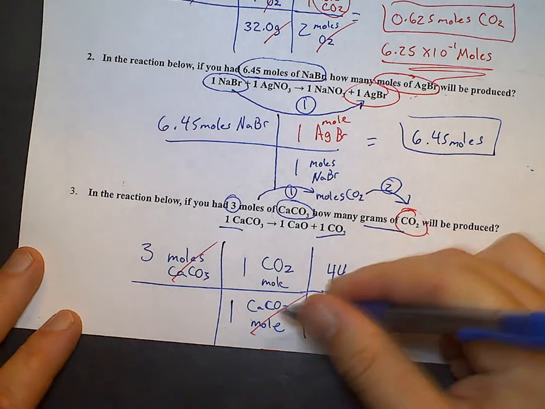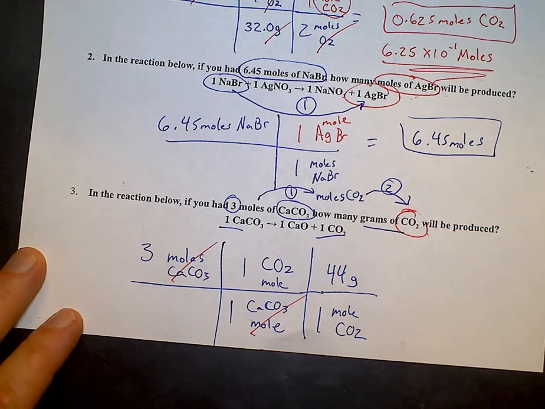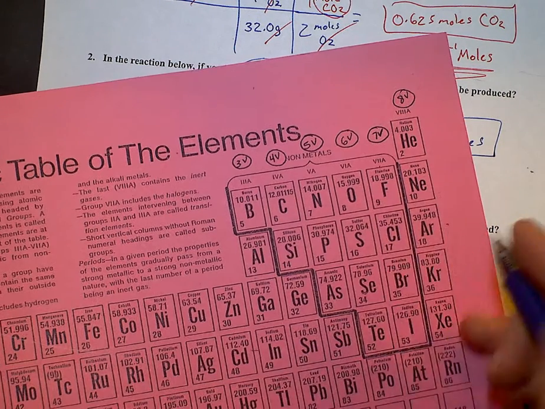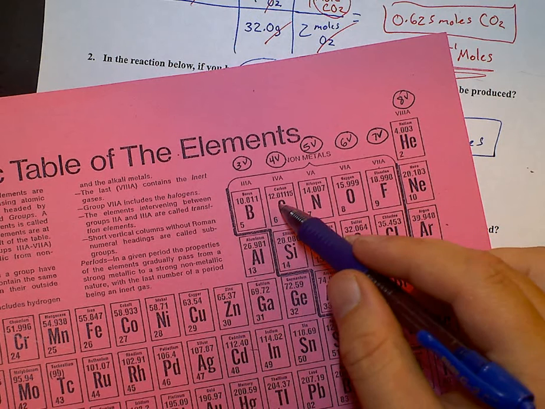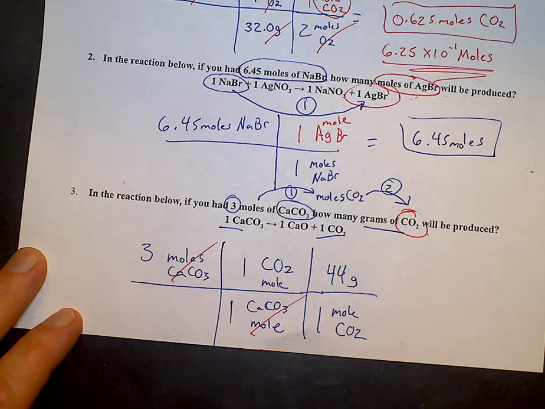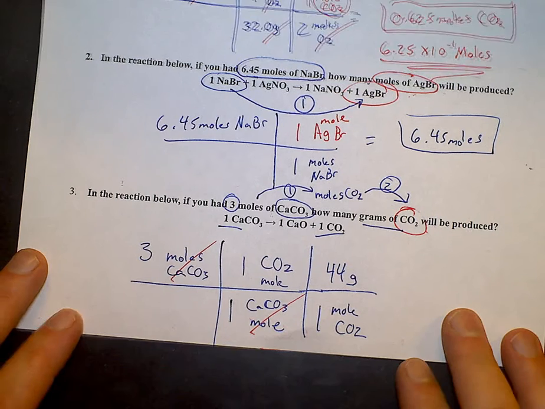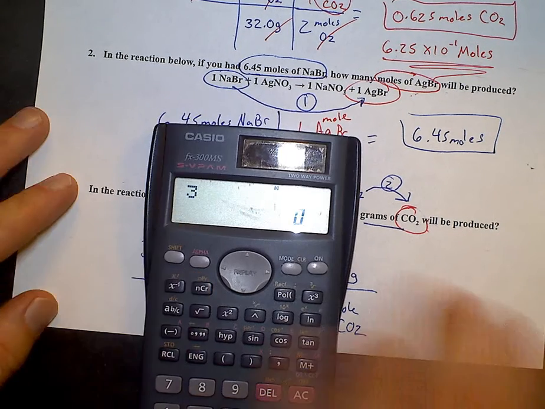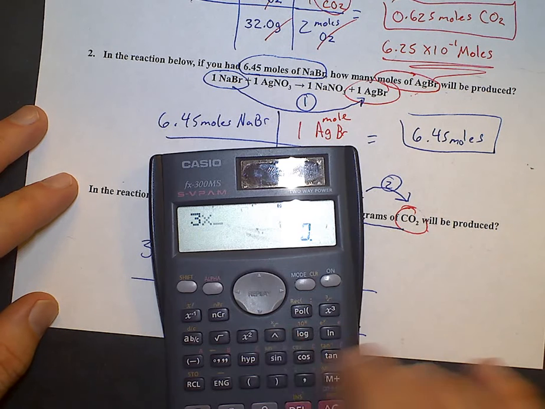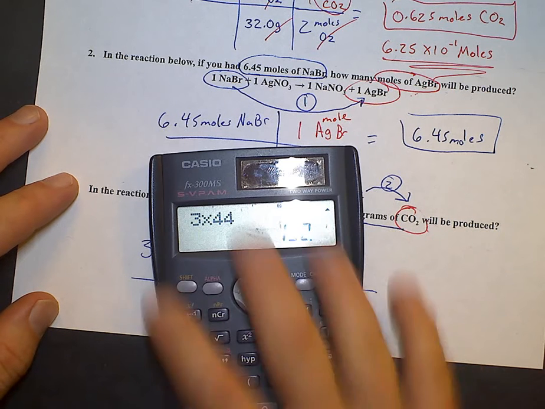CO2 weighs 44 grams. We're getting all those numbers from the periodic table. 2 of these, 16 times 2, plus our 12.01. All right, let's do some math. 3 times 1 divided by 1 times 44, and divided by 1.